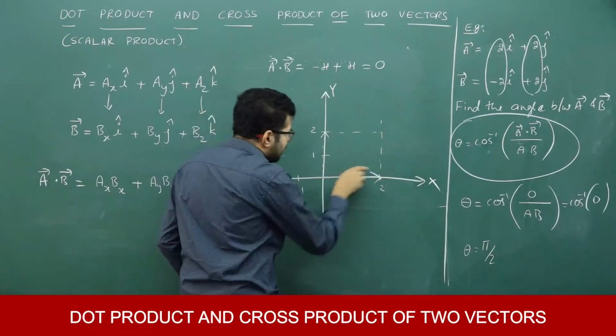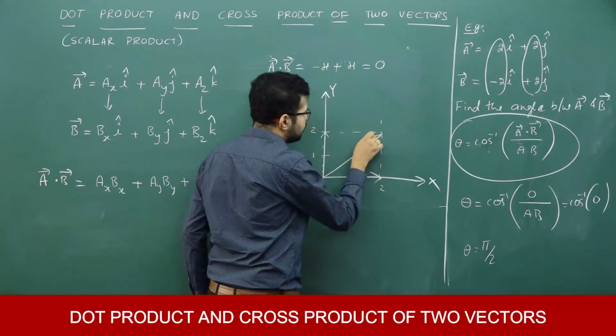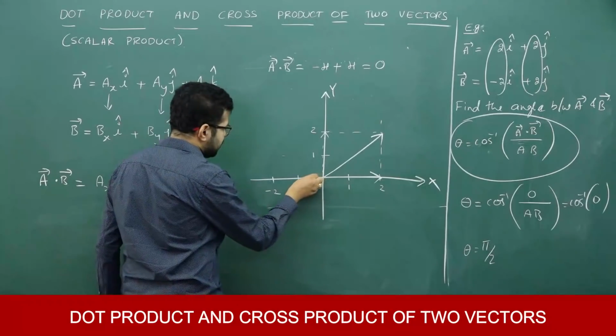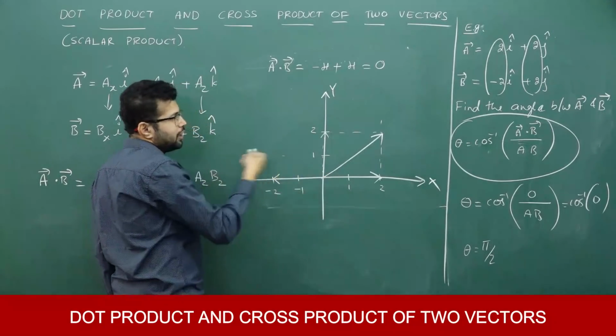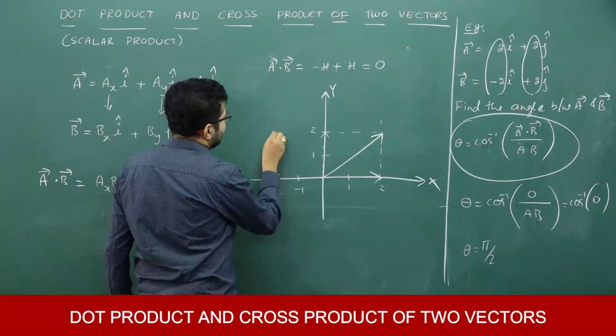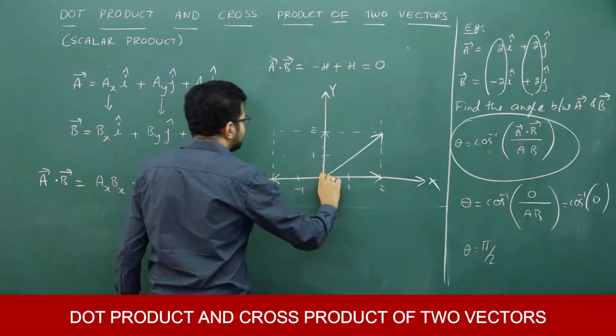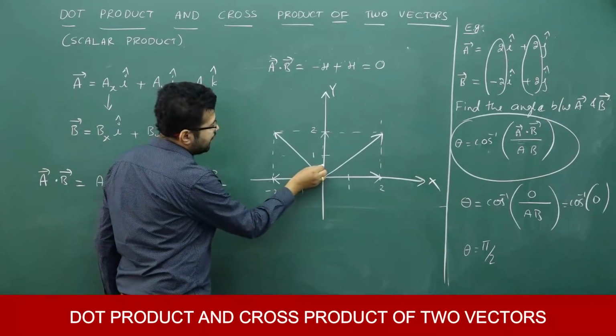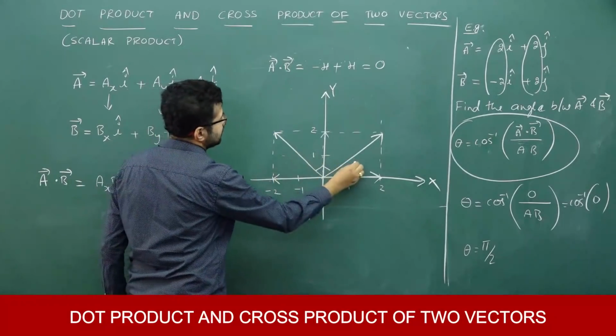So, this is 2i cap plus 2j cap. Now, where is minus 2i cap? This is along the negative x axis. Then what is minus 2i cap plus 2j cap? Now, you see the angle between these two vectors is 90 degrees.